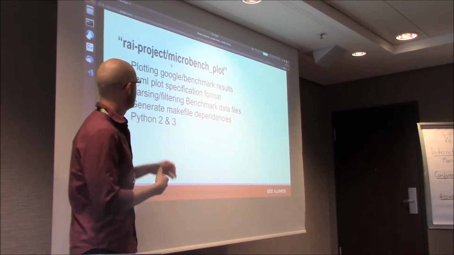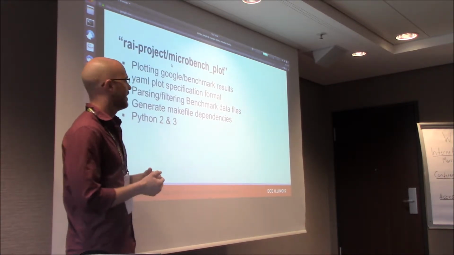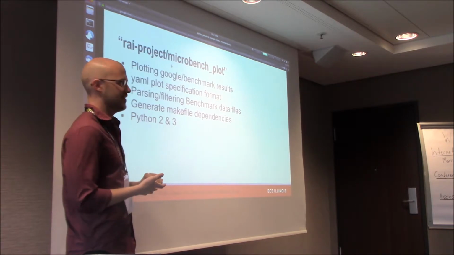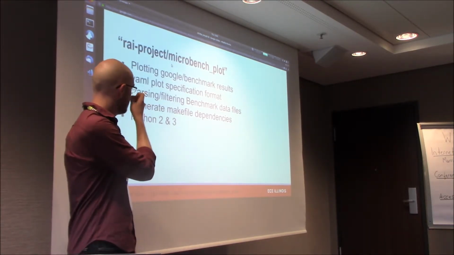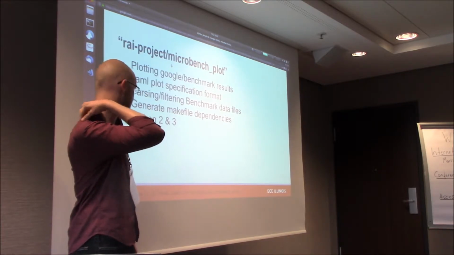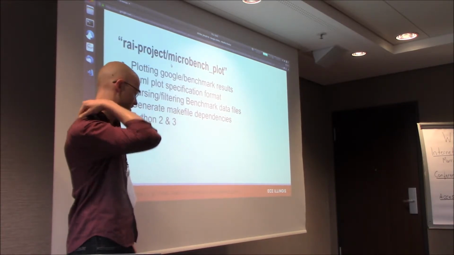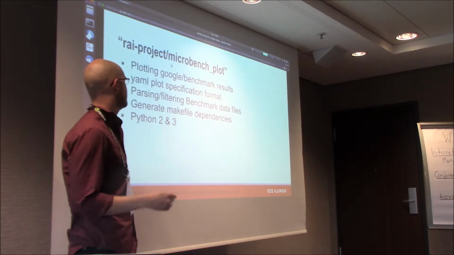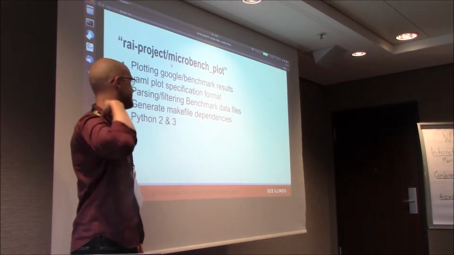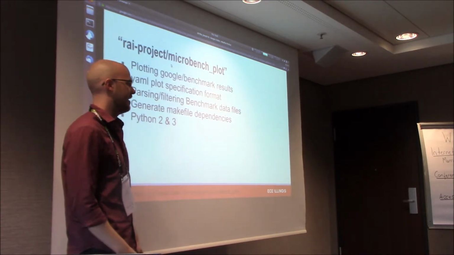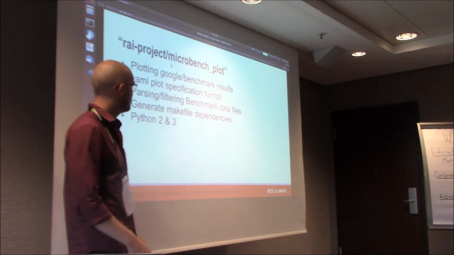We also have some associated code available to understand and plot the results, which is important. Right now they just get dumped as a bunch of JSON files with a lot of numbers in them, so they're kind of hard to read. But basically this is a Python package that knows how to interpret those files and can generate some plots, and it takes a custom plot specification format that we've developed and I'm in the process of documenting.